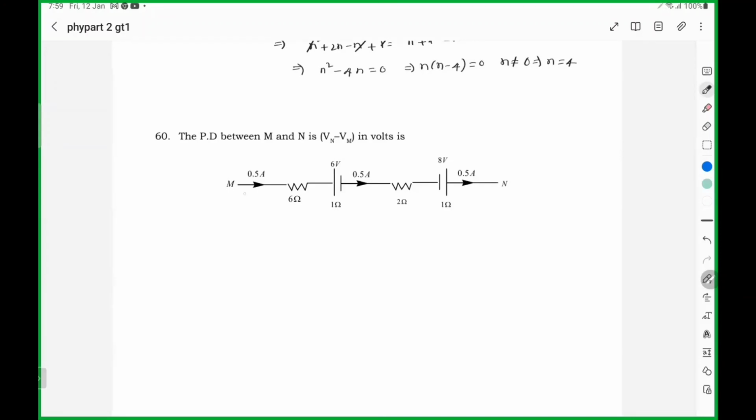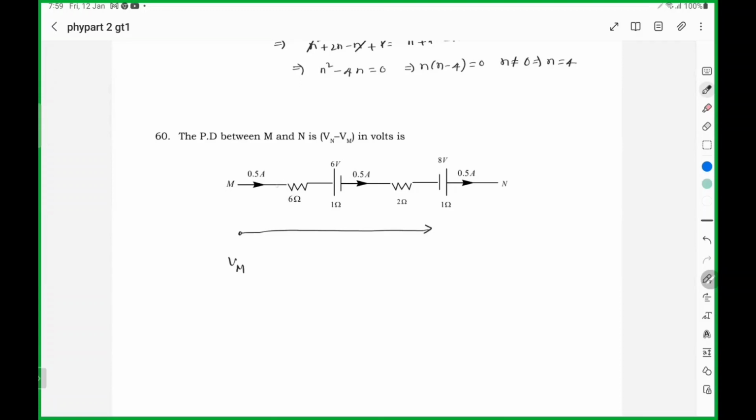Here we need to find the potential difference between n and m. So let us choose a path in the direction of flow of current. The potential at this point is Vm.